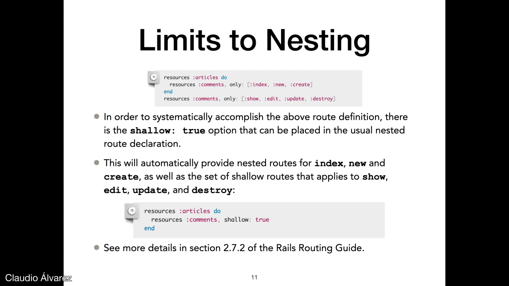The shallow option appears as true. That means that the routes declared in the example above will be the ones that are available. Only 3 routes will require nesting, and all other 4 routes won't require nesting. And in that case, you reduce the nesting that is necessary. This is mostly a good practice, right? You don't want more than 1 level depth of nesting with URLs.